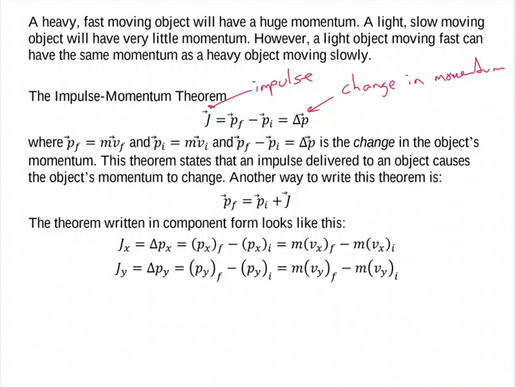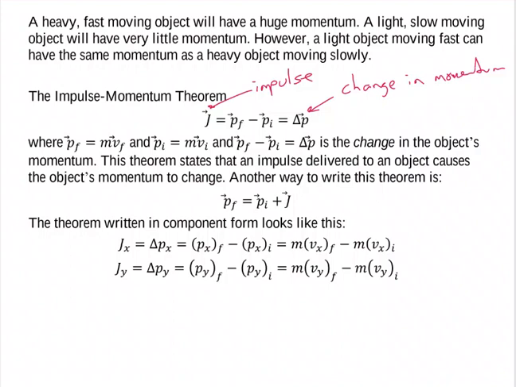Say an object is moving along a straight line in some direction. Now I deliver some impulse to that object, and it doesn't matter what direction I deliver the impulse in, whether to the side, frontal, or from behind. That is going to change the object's momentum in some way. And that's basically what this is saying.